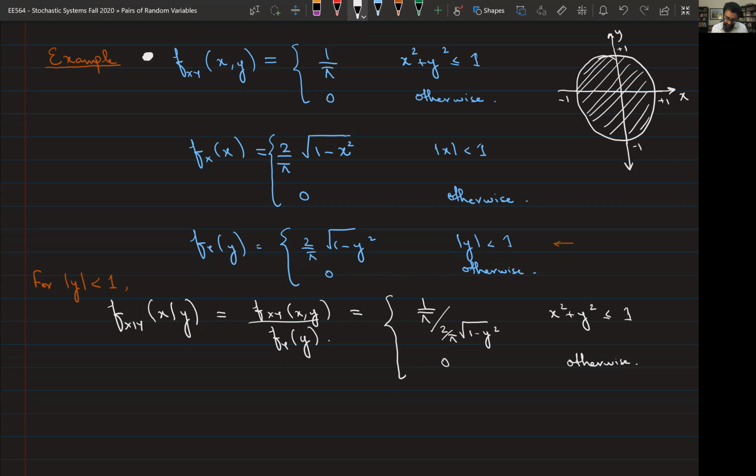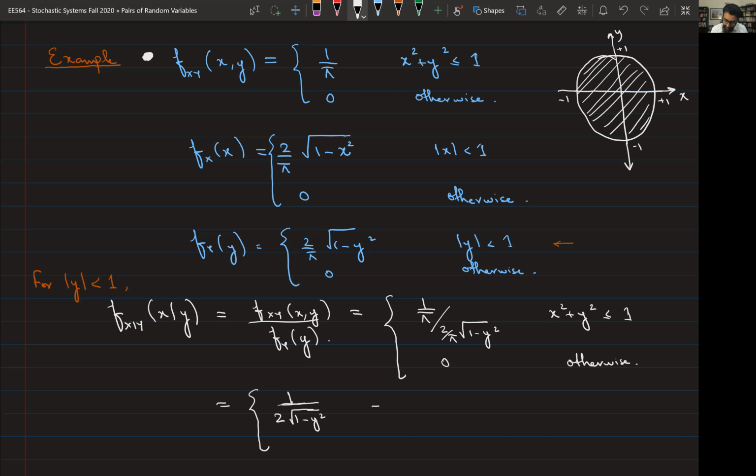Okay, and I can modify this slightly. Pi cancels, so this is 1 upon 2 root 1 minus y squared. And here the constraint x squared plus y squared is less than or equal to 1, I'm just going to modify it a little bit in terms of a constraint on x.